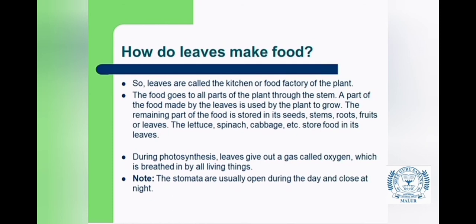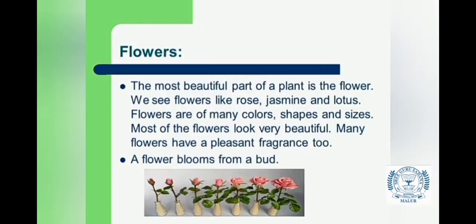So these pores are open in the daytime and they are closed in the night time. So what happens in the night times? The plants do not produce oxygen, they produce carbon dioxide. It will be the vice versa. So in the day times the plant produces oxygen, in the night times the plant produces carbon dioxide.